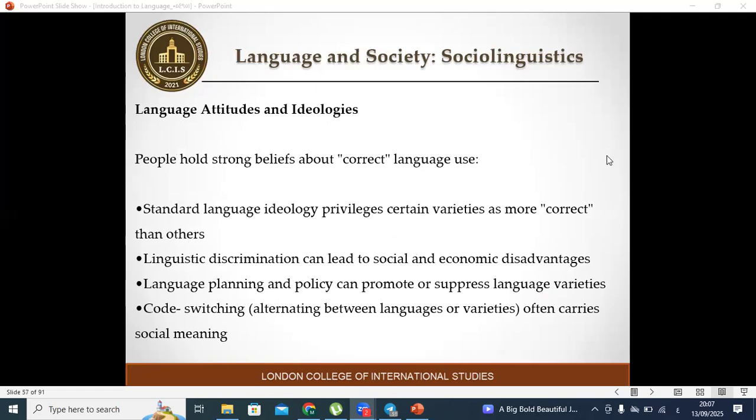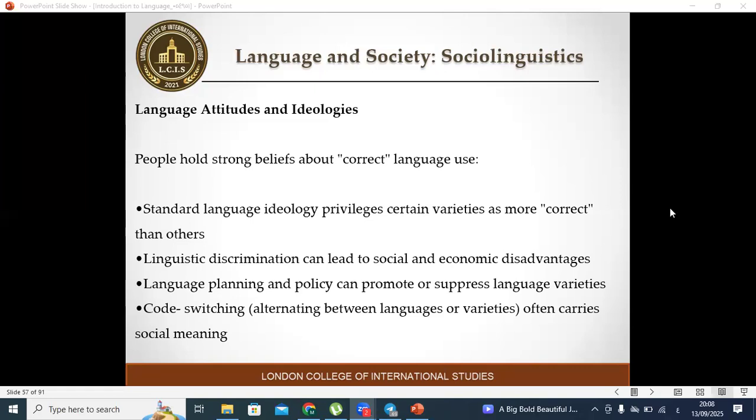Language attitudes and ideologies. People hold strong beliefs about correct language use. Standard language ideology privileges certain varieties as more correct than others. Linguistic discrimination can lead to social and economic disadvantages.